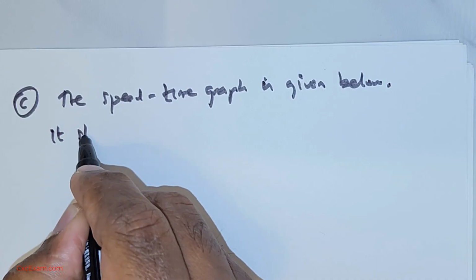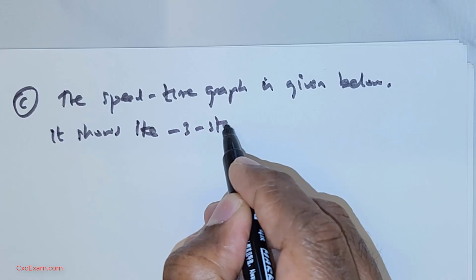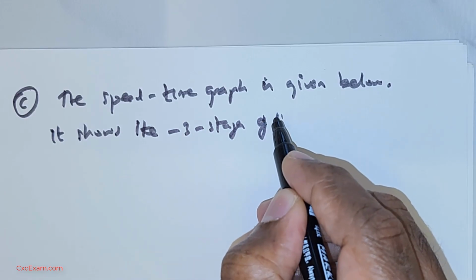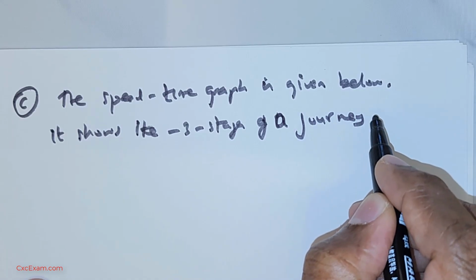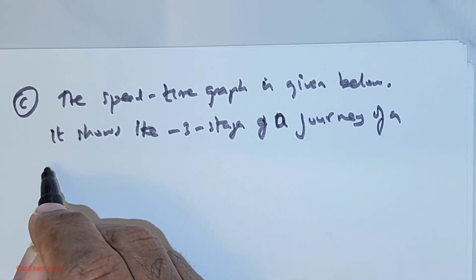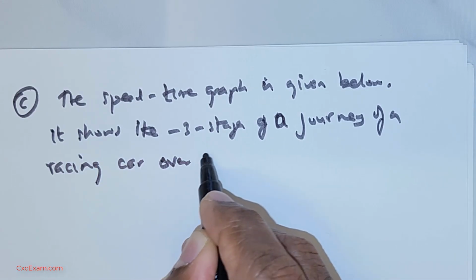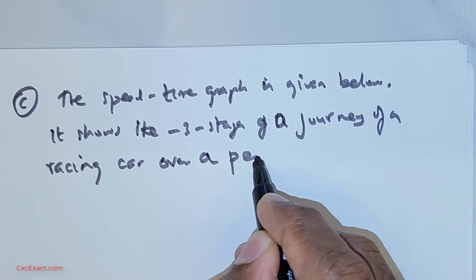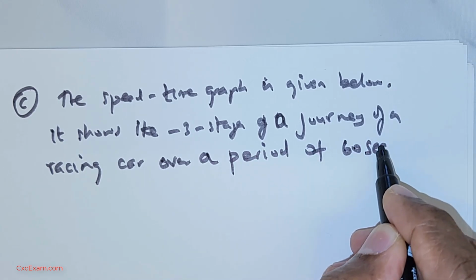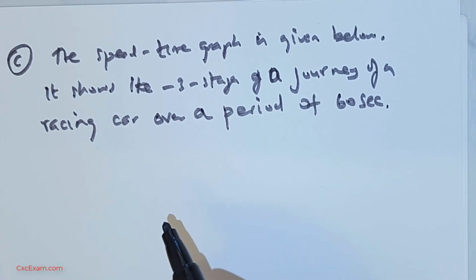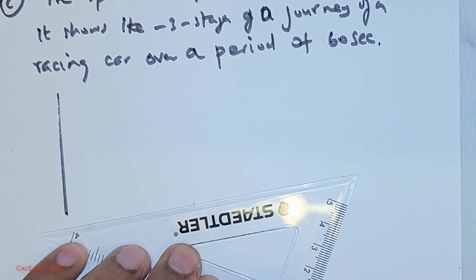It shows the 3 stages of a journey of a racing car over a period of 60 seconds. So this is the diagram.